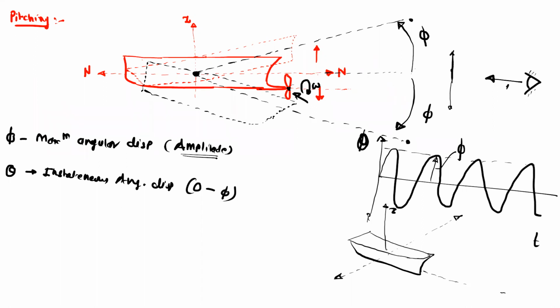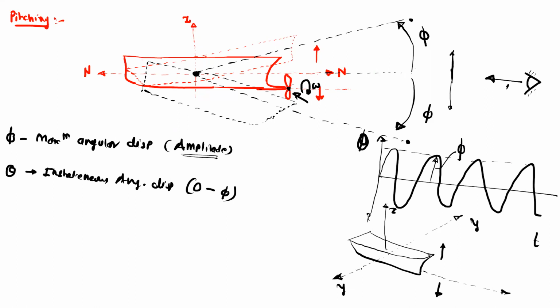This is the axis of spin. So the ship is moving up and down, and because of this up and down movement, the complete ship is rotating along this axis, that is the y-axis, which is the horizontal axis. This is the axis which is passing through the center of gravity. Basically it is perpendicular to the plane of this board.